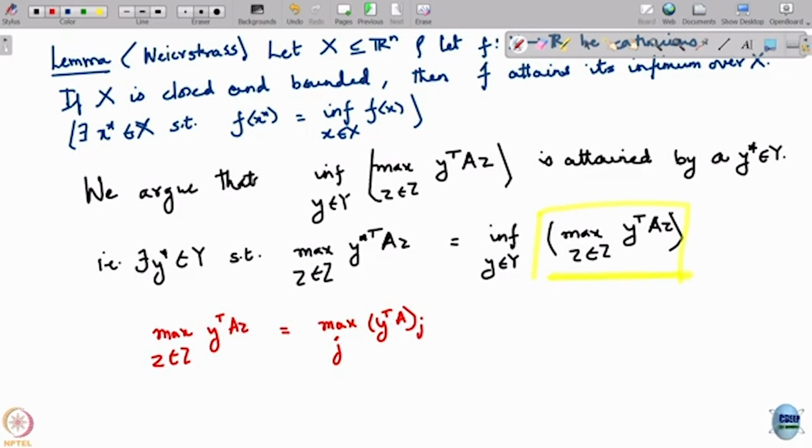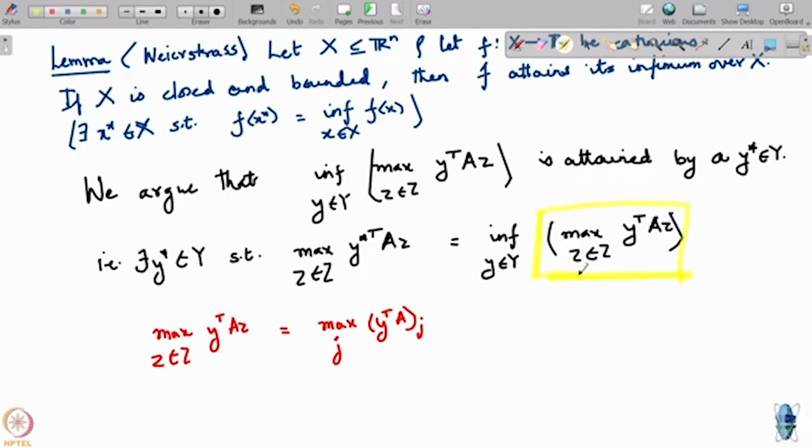So the max over z in capital Z of y transpose A z was equal to the largest component of the vector y transpose A. Now let's go back and look at this boxed expression here.